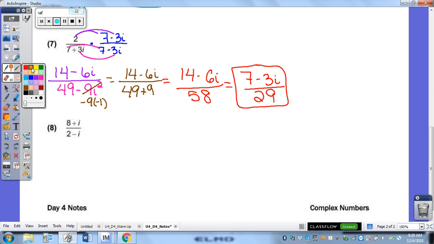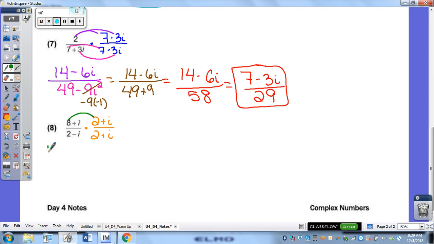All right, and then our last one for our notes. What are we going to multiply by? It's 2 terms. So the conjugate, 2 plus i. So now up top we have 2 binomials multiplied. So we have a lot of things to multiply here.